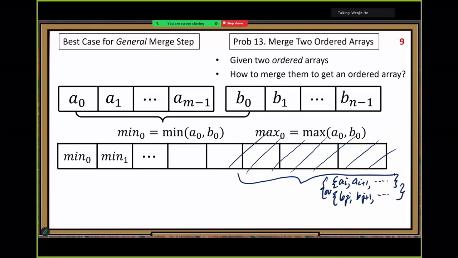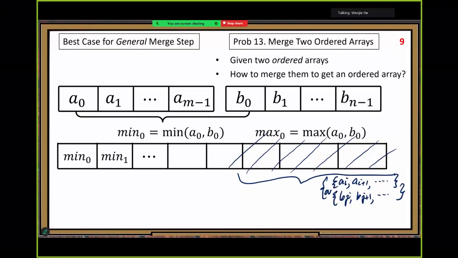The other is B_j plus 1 all the way to the end. In one of the two cases, no comparison is needed in the tail part. You just copy these elements, put them in place immediately.